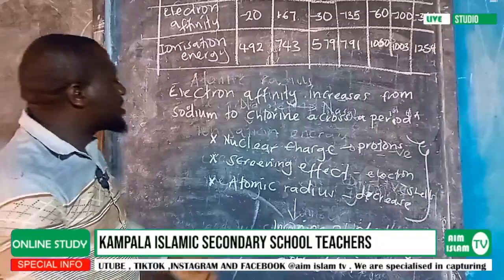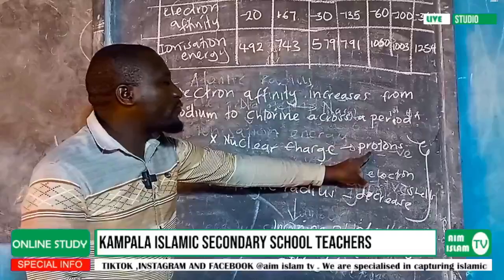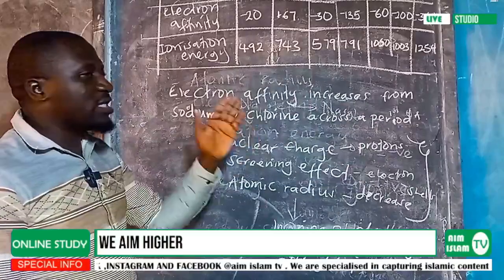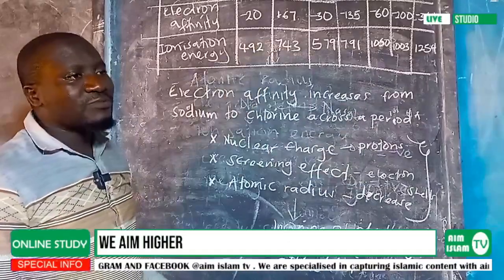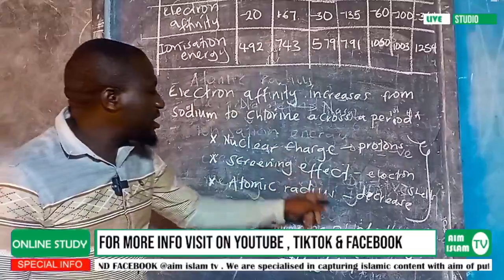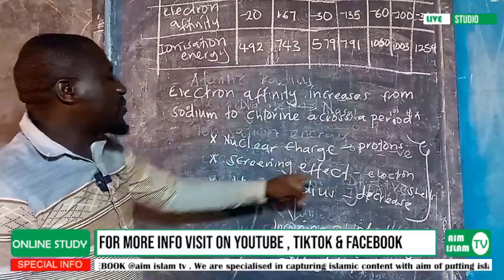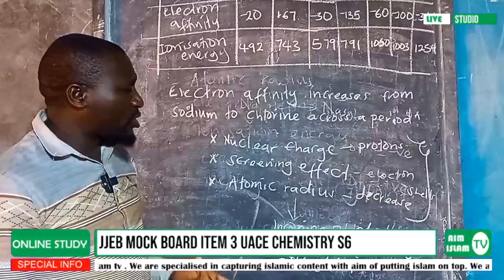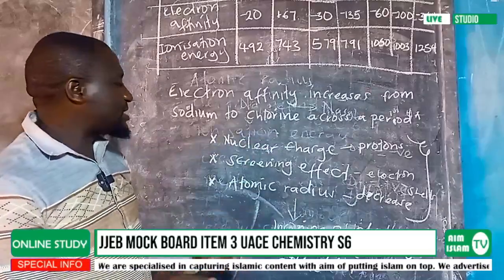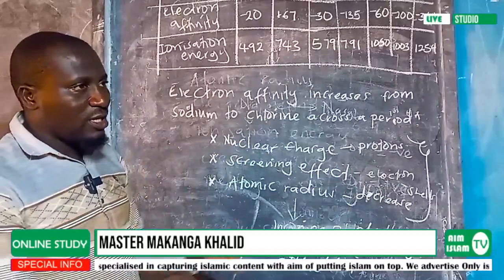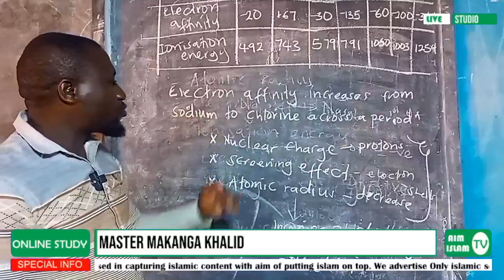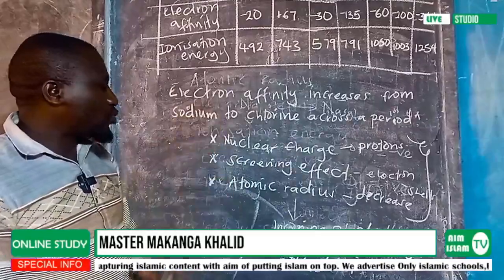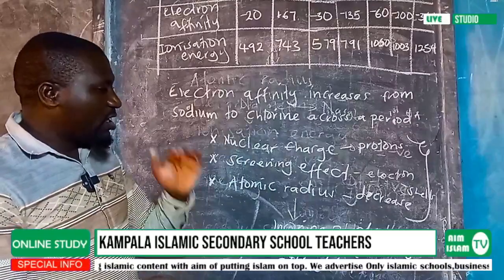It's because, one, the number of protons across a period increases. This brings about the increase of the nuclear charge. The number of shells almost remains constant, which brings a slight increase in the screening effect. So the increase of the nuclear charge outweighs the increase of the screening effect.